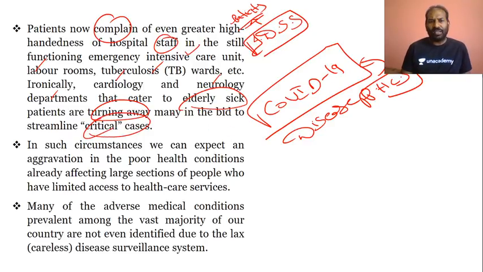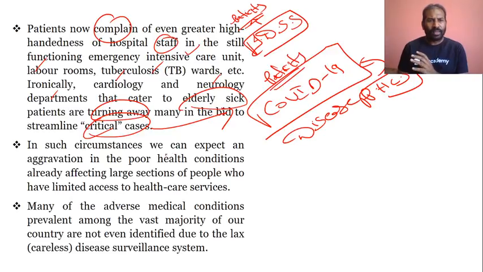What are the critical cases? COVID-19. Please do understand it. Because the need of the hour is to handle the patients of COVID-19, all the hospital staff of all these wards, departments or units are being streamlined to look into the critical cases, that is COVID-19. That is what the patients complain.